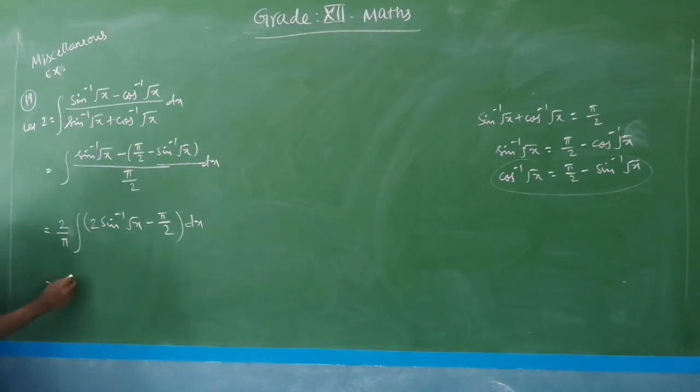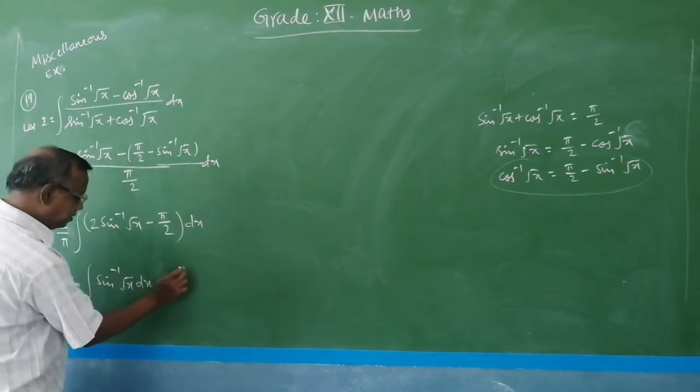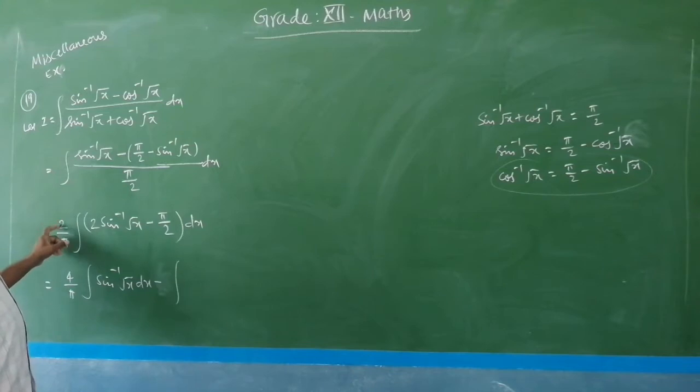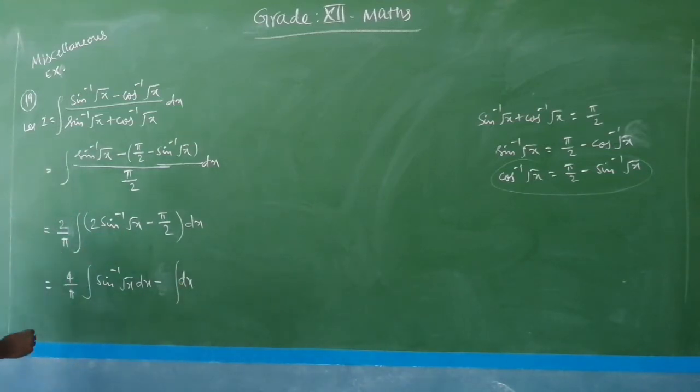So we can separate the integral: 2 twos are 4 by pi integral sin inverse of root x into dx, minus the integral of 2 by pi into pi by 2, where 2 cancels and pi cancels, that is the integral of dx.